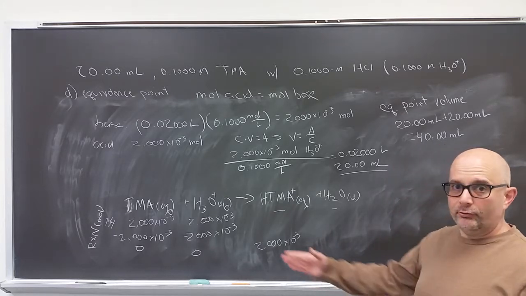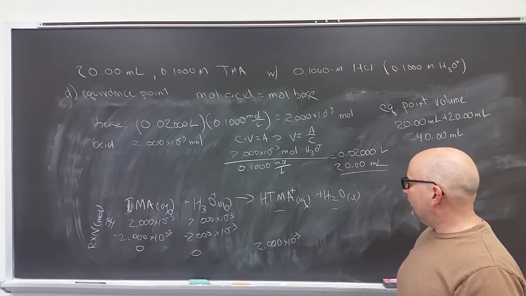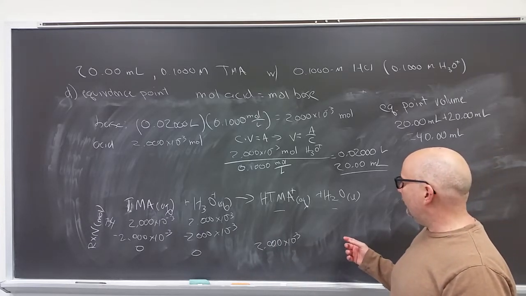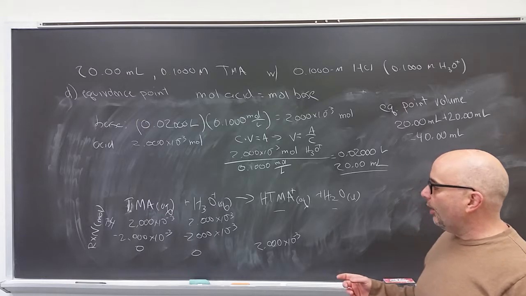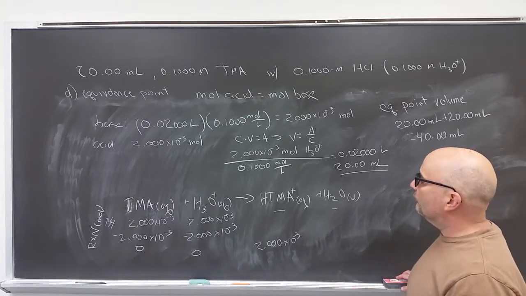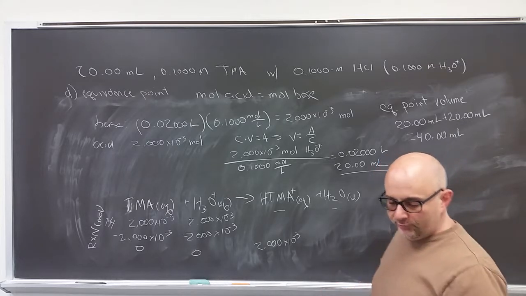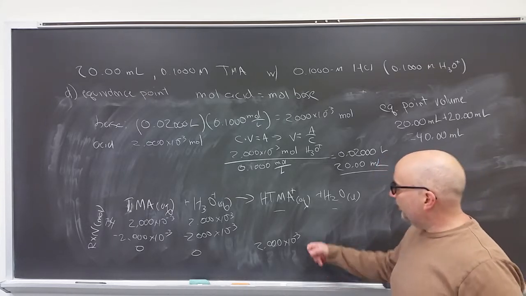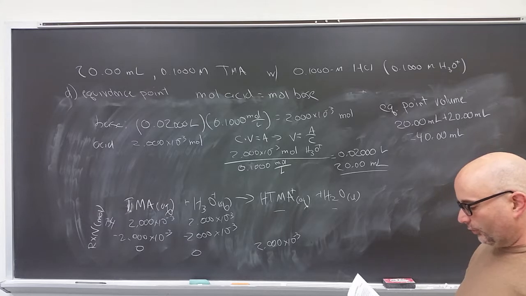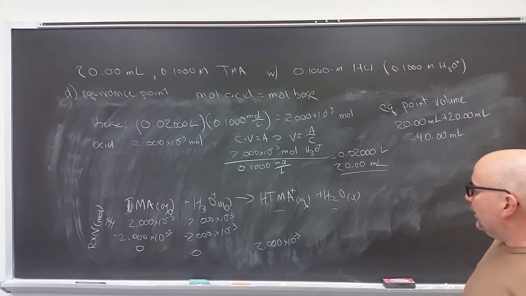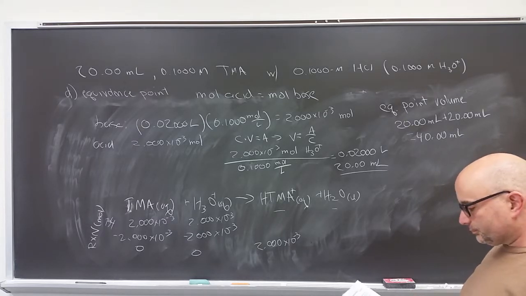It's the conjugate acid of the weak base, and it's the only acidic species there, so it's really going to dominate what the pH is. So from here on, we need to treat this as a weak acid equilibrium based on the concentration of trimethylammonium.